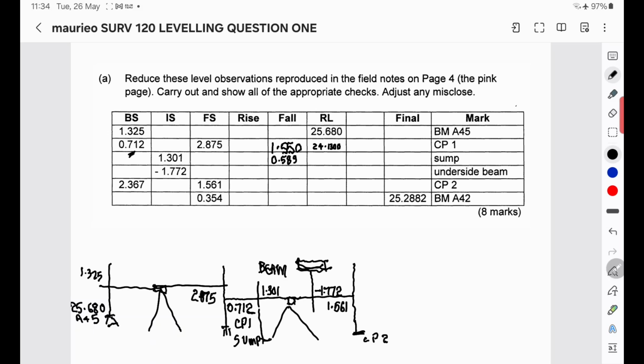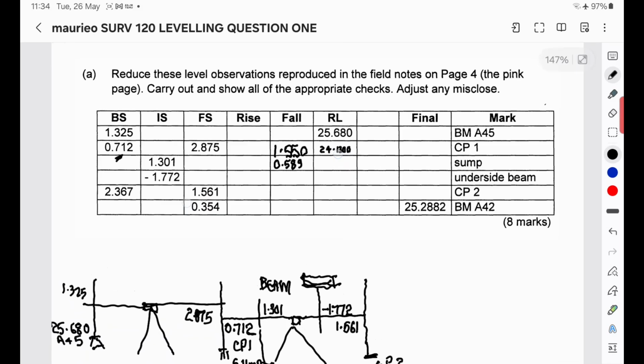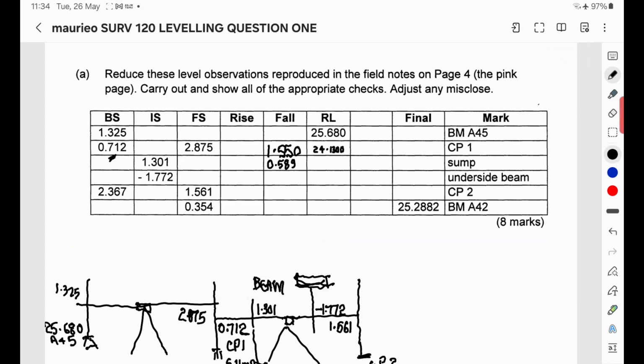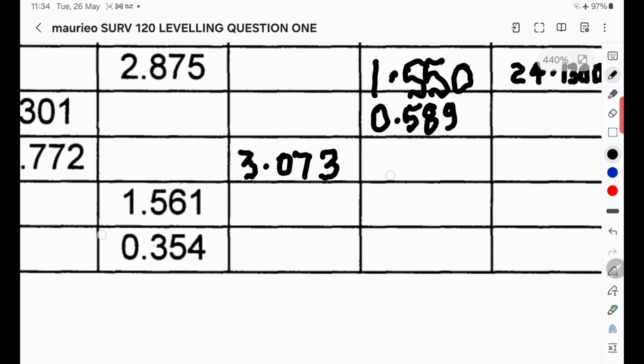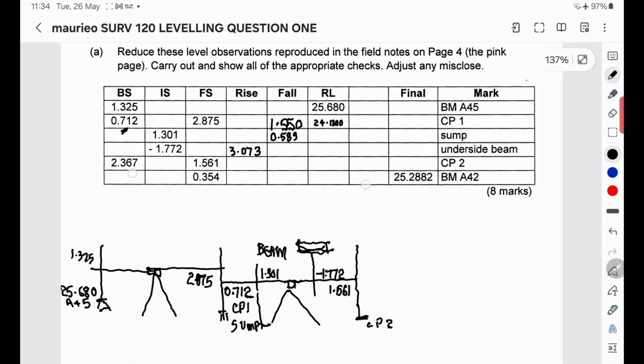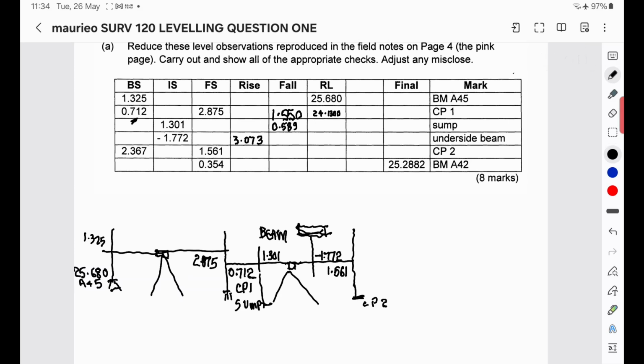And obviously we do it algebraically. So 1.301 minus 1.772, that means they add together. And that's going to give us a rise of 3.073. So let's put that in here, 3.073. Okay, so that's the difference in height from the sump to the underside of the beam.